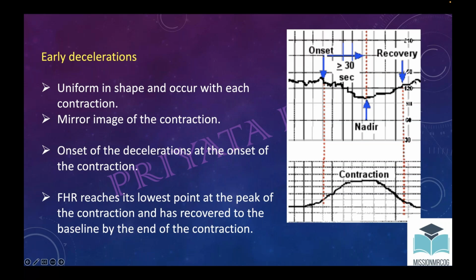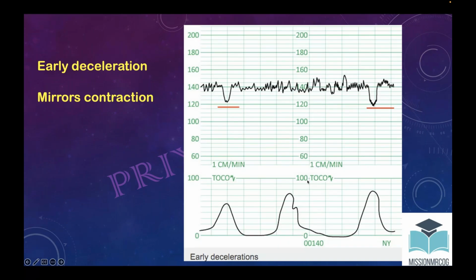So this is the exact mirror image. Early decelerations are considered physiological. This is the picture of early deceleration. You can see the deceleration, and this is the mirror image.